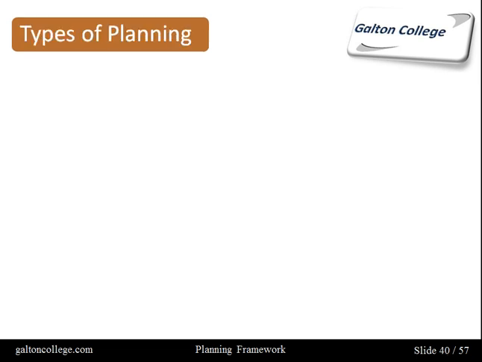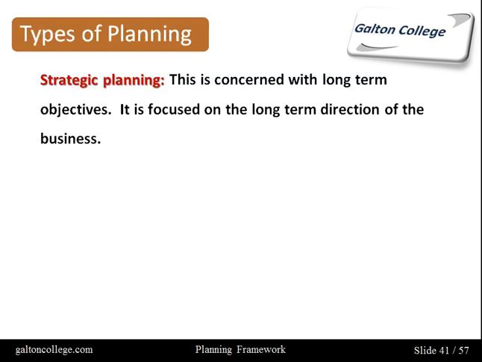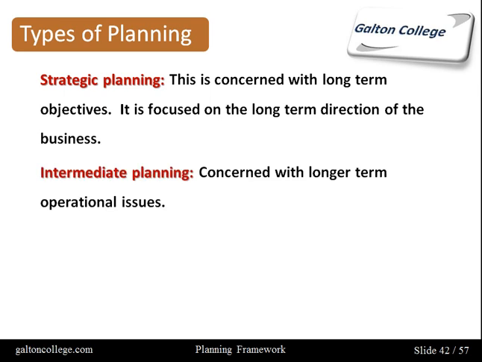Now the types of planning, well, there's strategic planning. It's really long term and it focuses on the direction of the business. Intermediate planning, well, it's intermediate. It's in between the long and the short, so it's intermediate. But it concerns longer term operational issues.